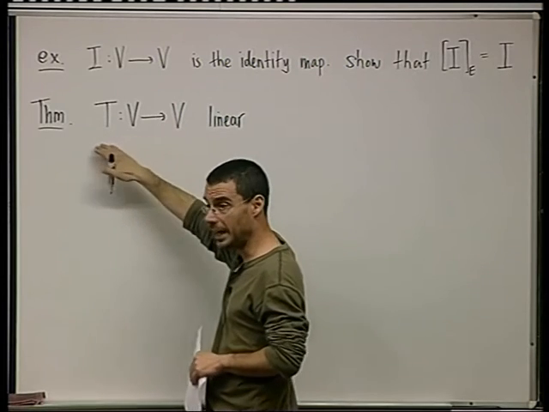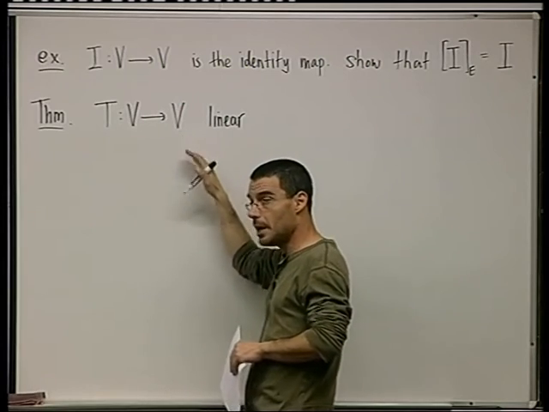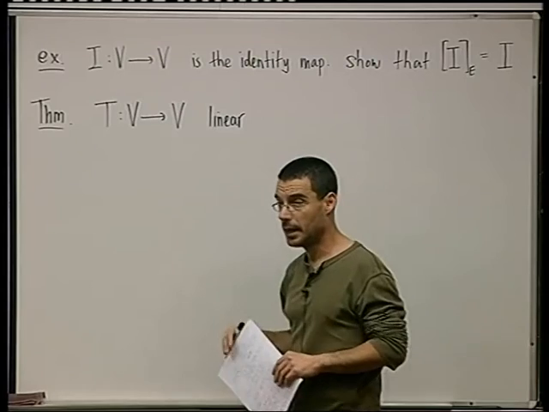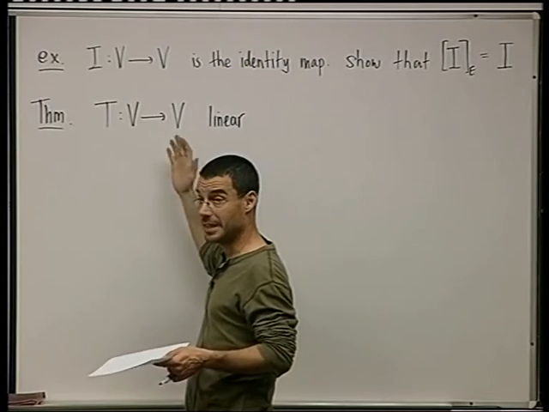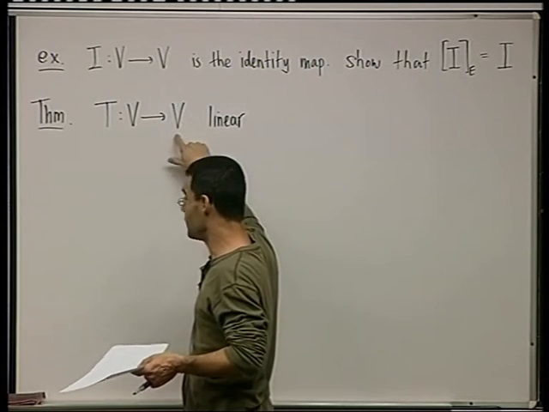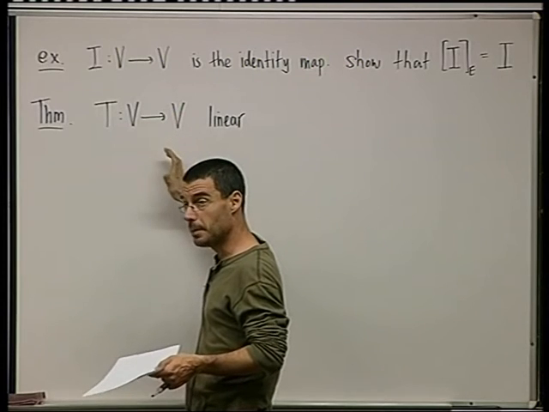You can define an inverse for a map from V to W, but it becomes a bit more complicated because you can't say that T inverse is the identity, because if this is V and this is W, there's the identity for V and the identity for W. So you have to be a bit more careful.